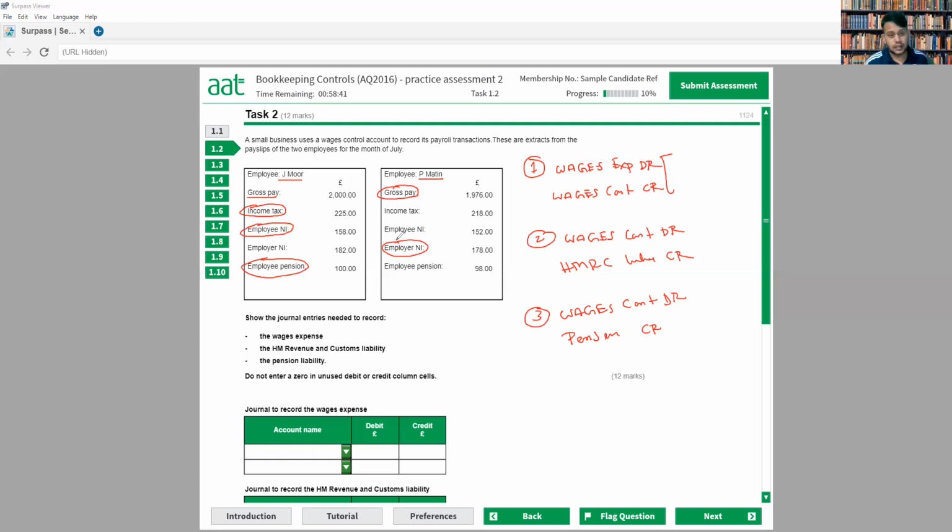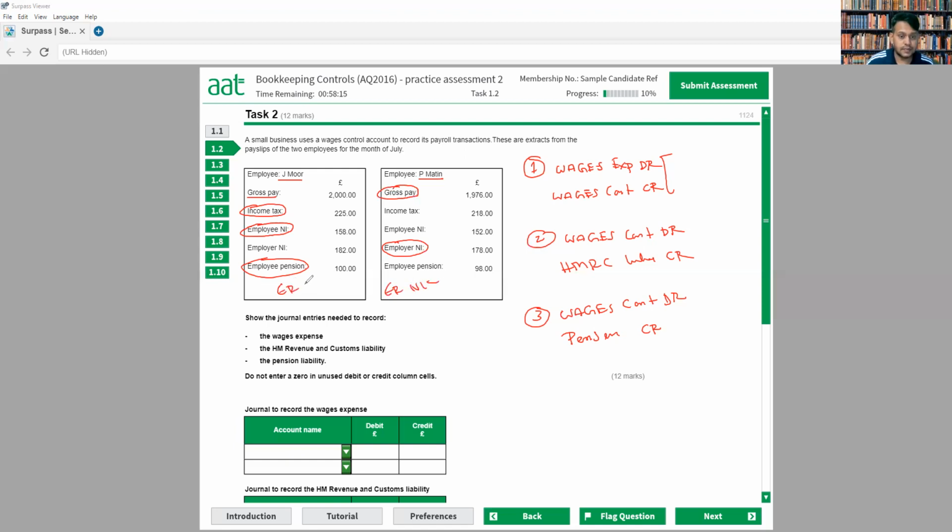So let's make the total, how much it is. So gross pay for J Moore, we have 2000 plus employer's NI 182. For Martin, we have 1976 plus 178. And that will give us 4336. If the question gives you employer's NI, employer's NIC, please take it.